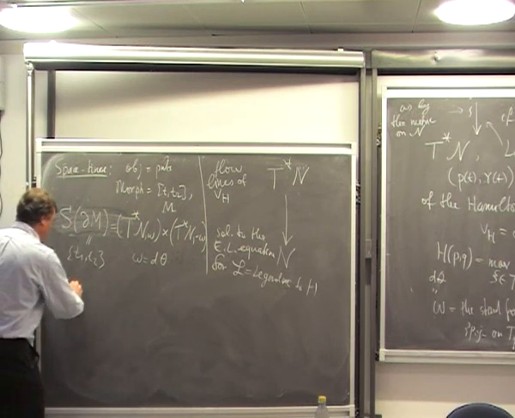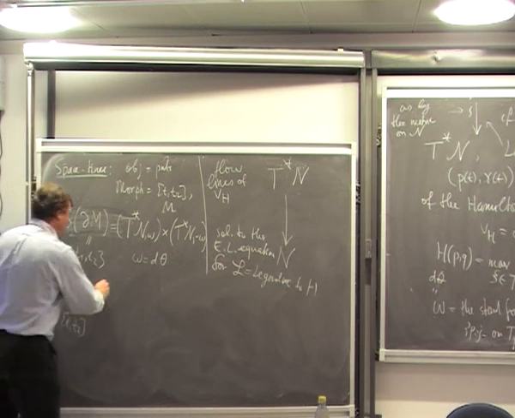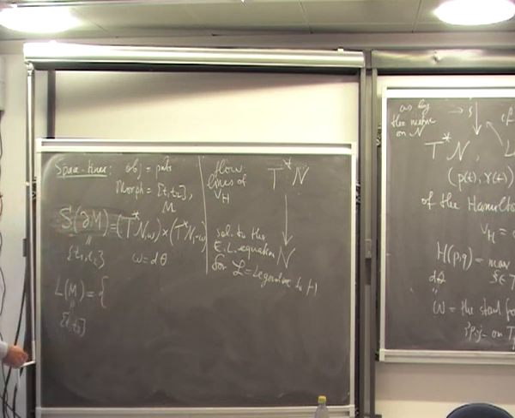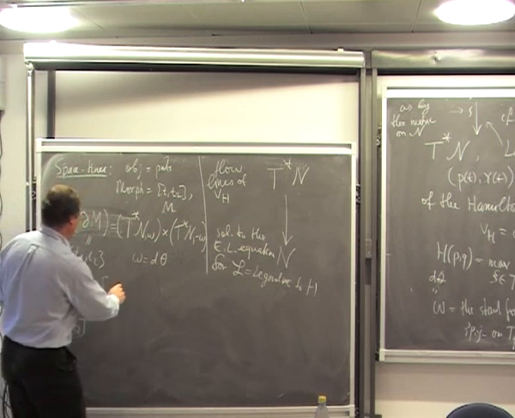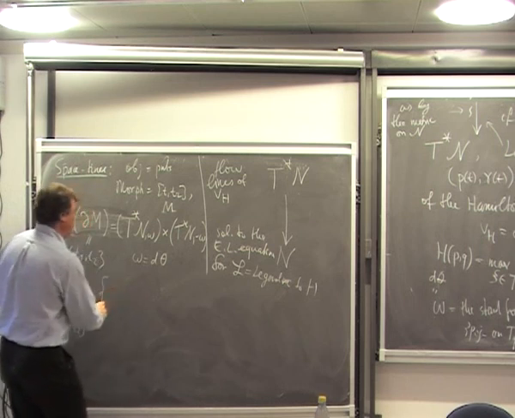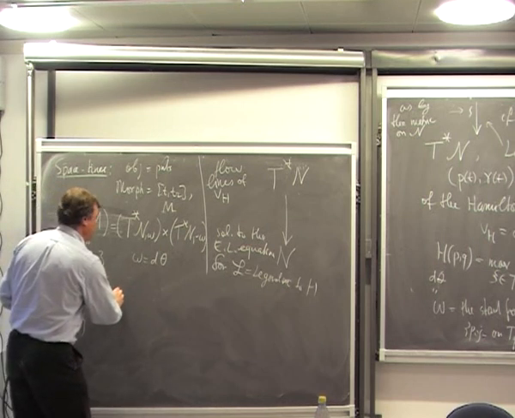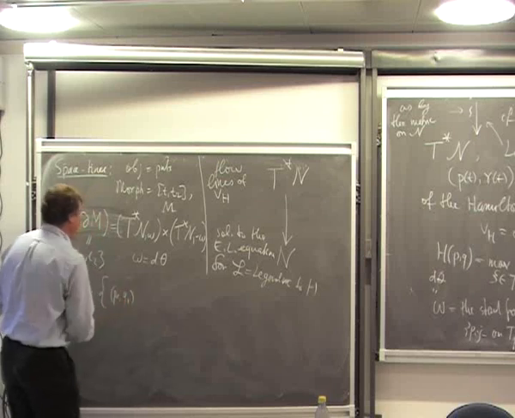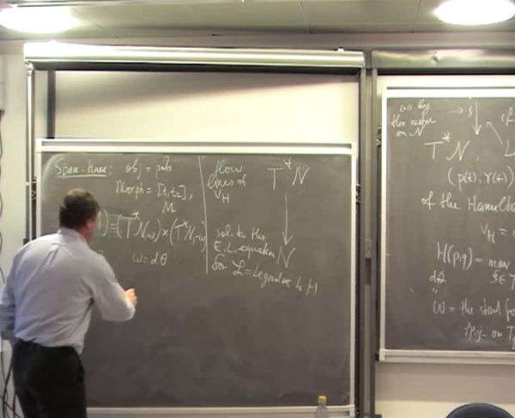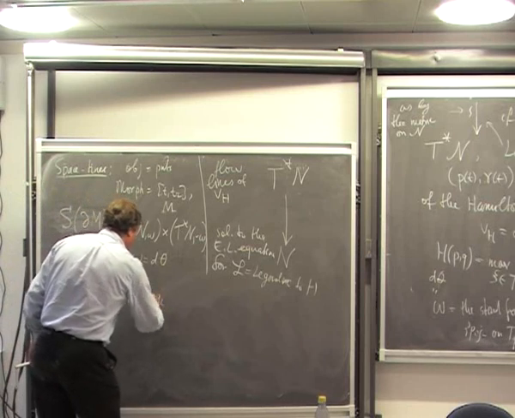And then L_M, and remember that M is the interval [t1, t2]. This is simply the space of all points (p1, q1, p2, q2).